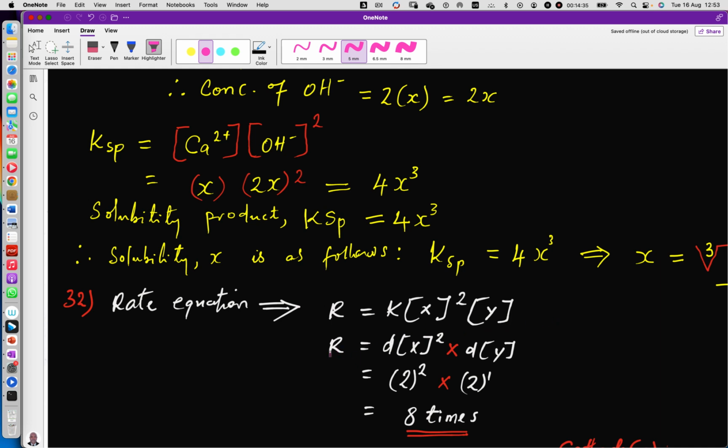What will the rate be? For X, we substitute 2, so it will be 2 squared. Then times, we substitute Y by 2, since both are doubled. So 2 squared is 4, and 4 times 2 is 8. We now say that the rate will increase 8 times.